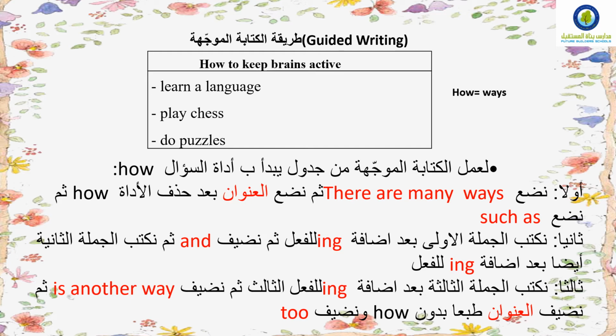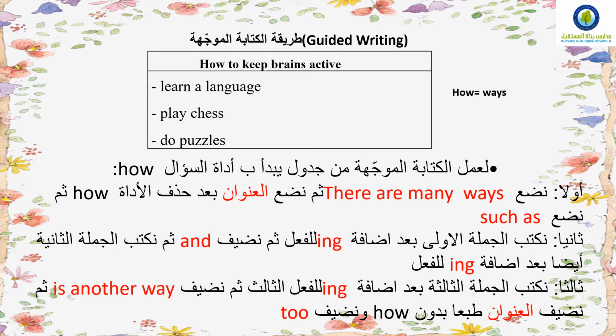Now you add the first sentence, which starts with learn a language. We will make it into a sentence by adding ing to the verb. The first verb is learn, so we say there are many ways to keep brains active, such as learning a language. Then you add and, as you can see in red.